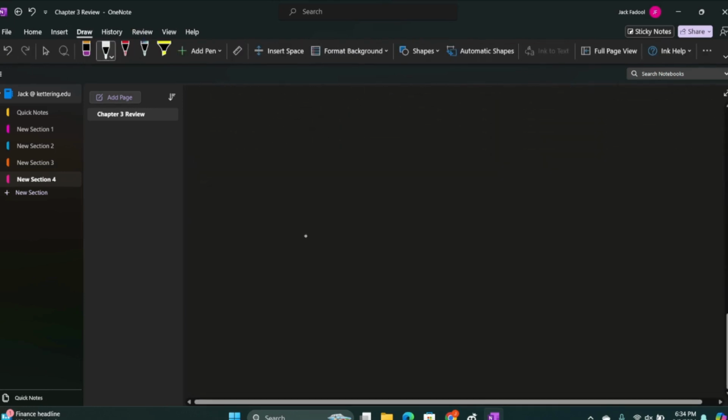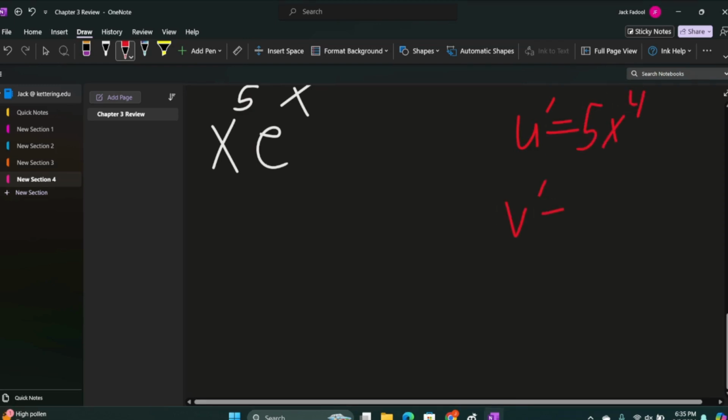Alright, next we have x to the 5th times e to the x. Another product rule. So u prime is 5x to the 4th and v prime is just e to the x, because e to the x always stays the same.